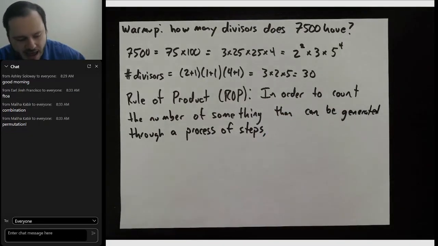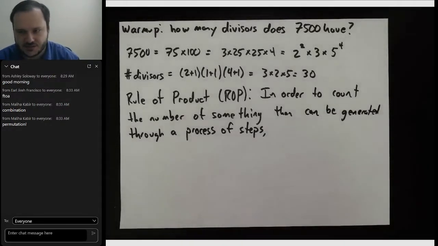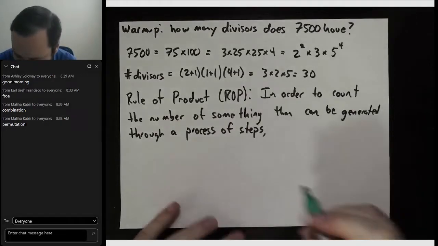It's not that you have to have the same options at every step. It's that the number of options at every step has to stay the same.